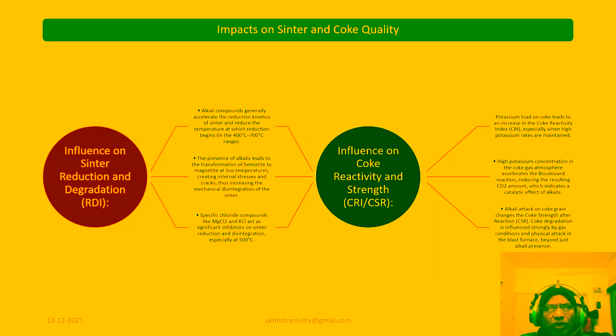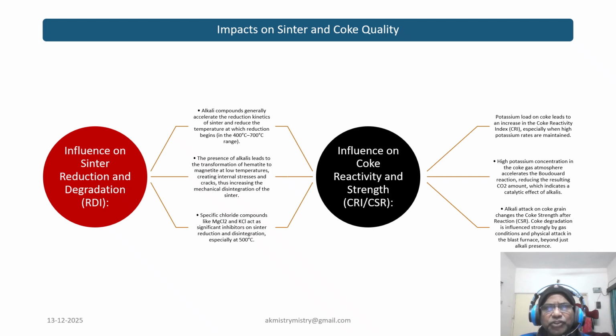This causes the premature transformation of hematite to magnetite, which creates a lot of internal stresses and cracks that weaken the sinter structure drastically. By these phenomena, fines generation starts increasing.